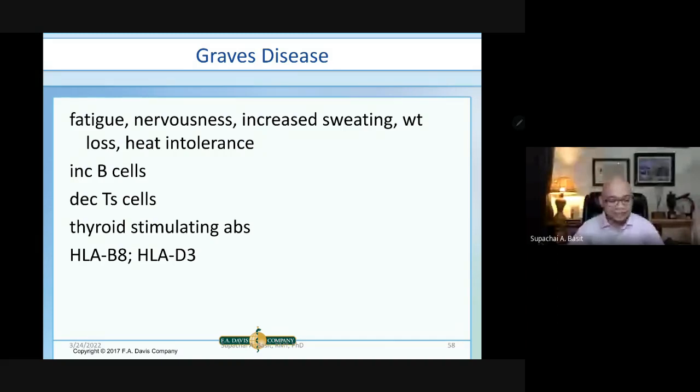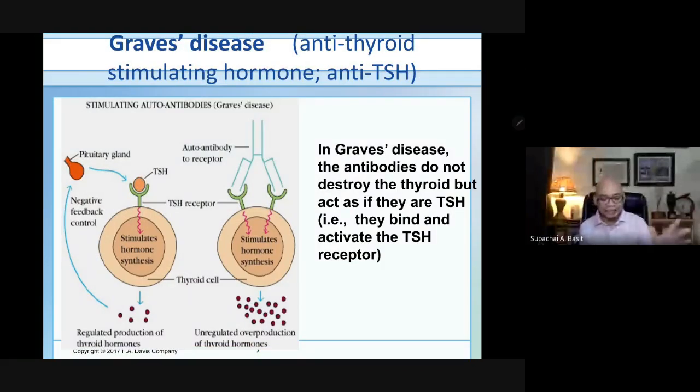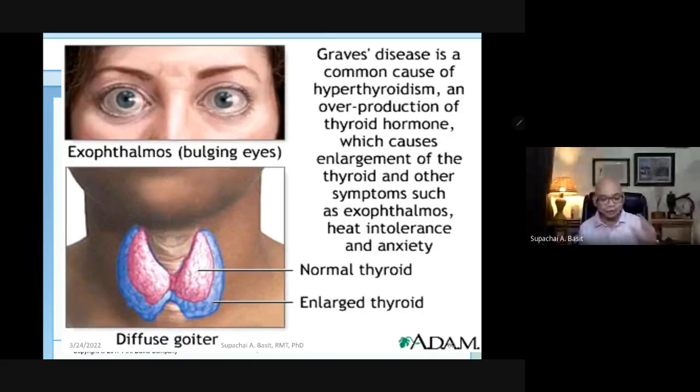It is characterized by fatigue, nervousness, increased sweating, weight loss, heat intolerance, an increase in B cells, and a decrease in suppressor T cells. You are also genetically predisposed if you have HLA-B8 and HLA-DR3. I think I have already explained this to you.